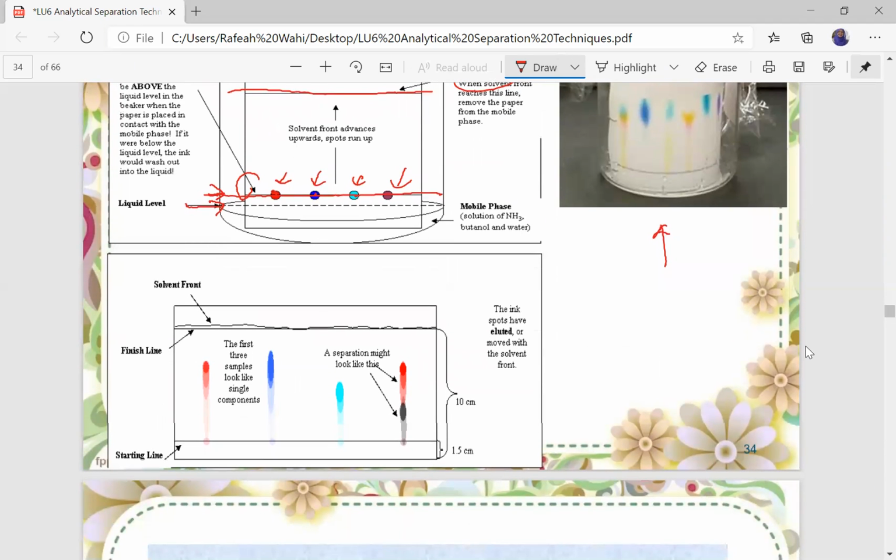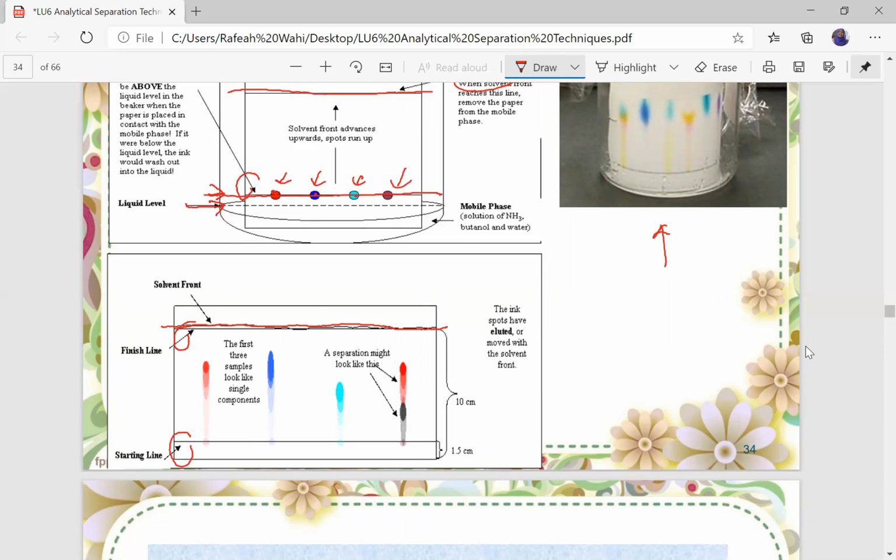So again, in the cross section of your paper chromatography, you have the starting line and the finish line. The finish line is called the solvent front, or after the solvent reaches the finishing line, you call it the solvent front. The ink spots have eluted or moved with the solvent front.